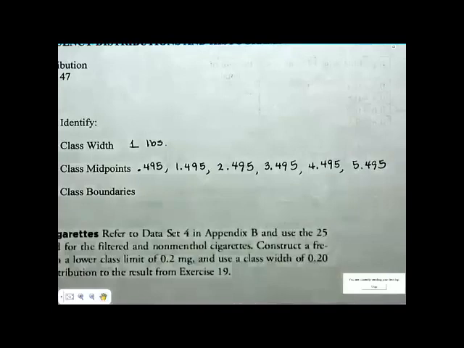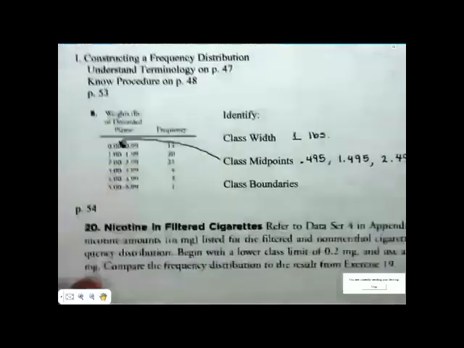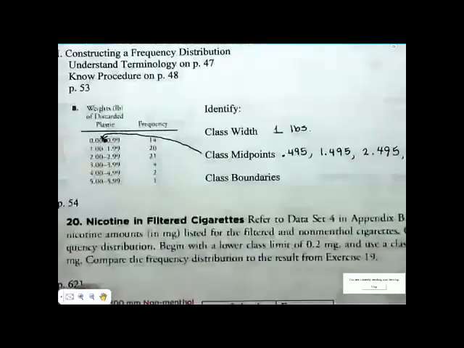All right. But you need to have the mental image of what a class midpoint is. It's exactly what it sounds like. It's smack in the middle of each one of those classes. And then the class boundaries are the fence post between the classes. How can I find what's exactly halfway between 0.99 and 1? Add and divide by 2.